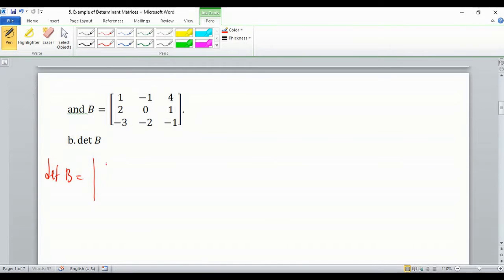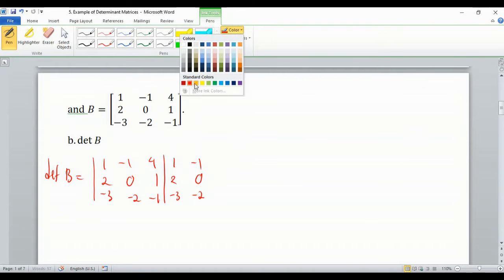Okay, let me write first. 1, minus 1, 4. 2, 0, 1, minus 3, minus 2, minus 1. Like I said before, you must add two columns, but just the first column and the second column. 1, 2, minus 3, minus 1, 0, minus 2. How about the third column? You don't need. We just need two columns.